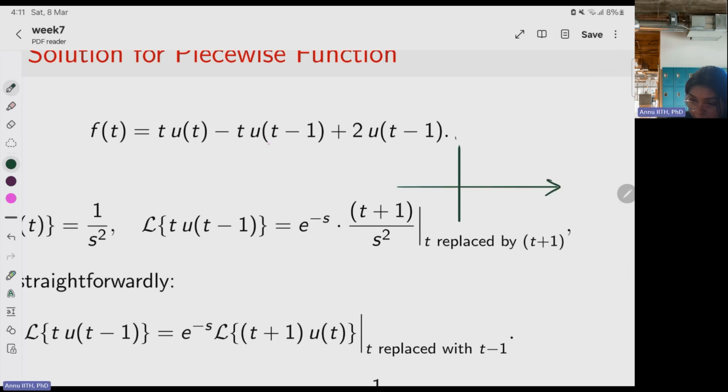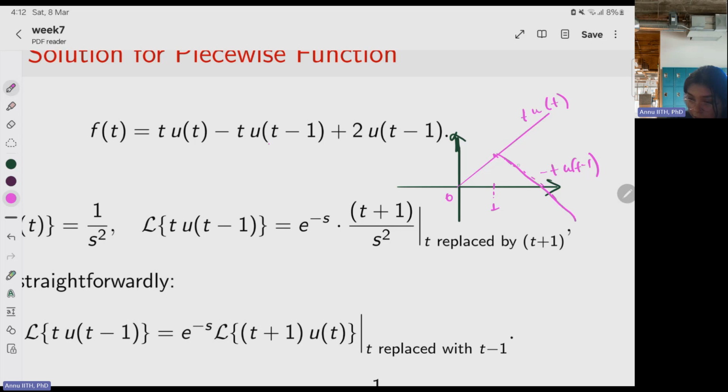This is a simple graph. So you are writing first t u(t), starting from 0, going like this. Now minus t u(t minus 1), suppose you have 1 here. So that minus will lead to somewhat here. This is starting from here, minus t u(t minus 1).